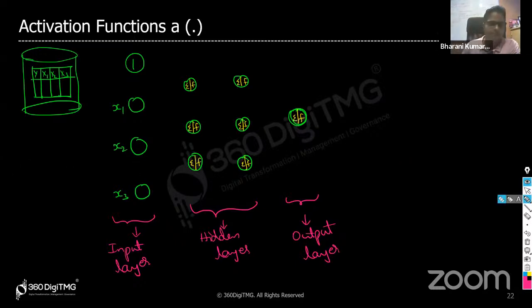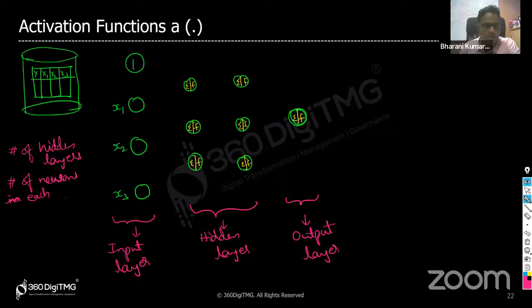What does that mean? This means that the number of hidden layers and the number of neurons in each hidden layer is experimental.